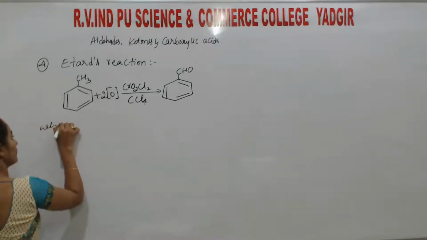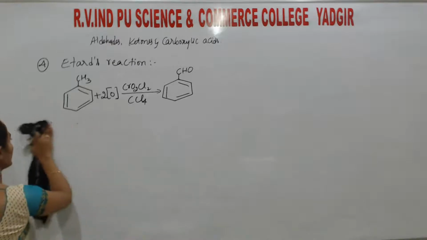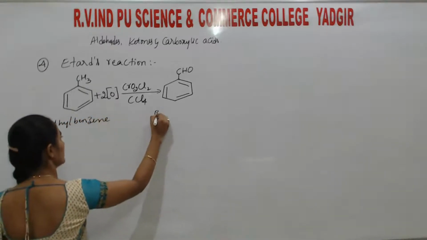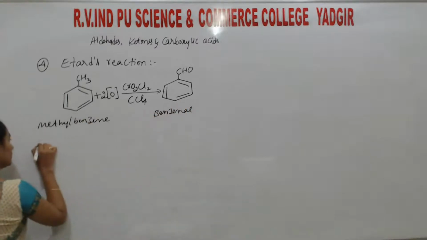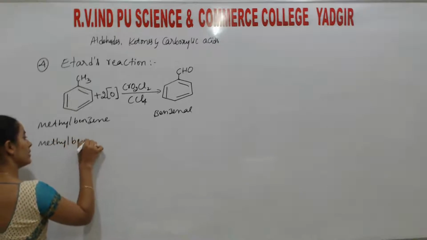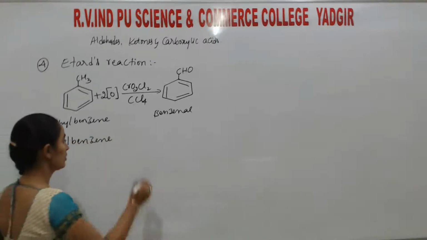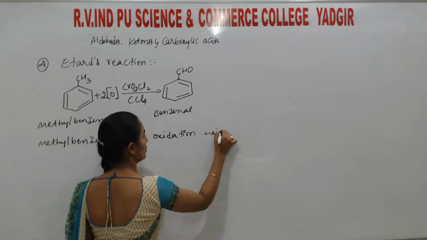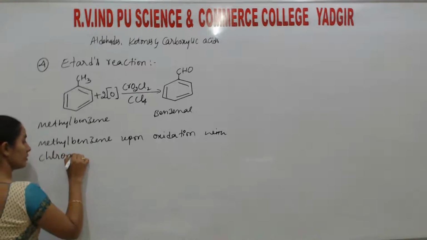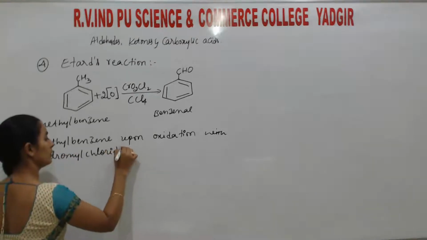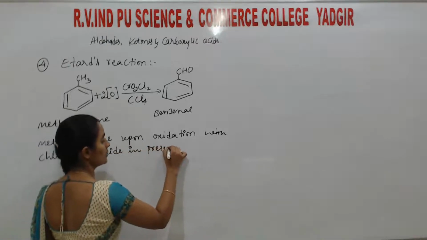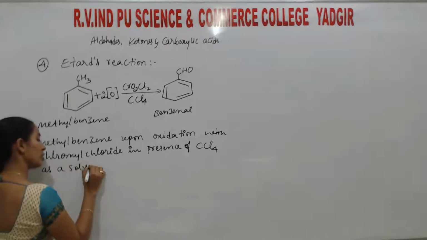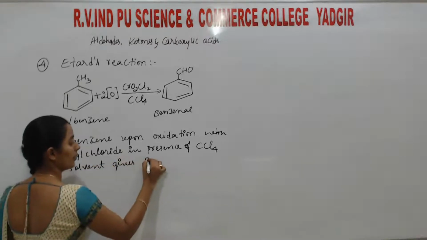When methyl benzene gives benzaldehyde. So the explanation: methyl benzene upon oxidation with chromyl chloride in presence of carbon tetrachloride as a solvent gives benzaldehyde.